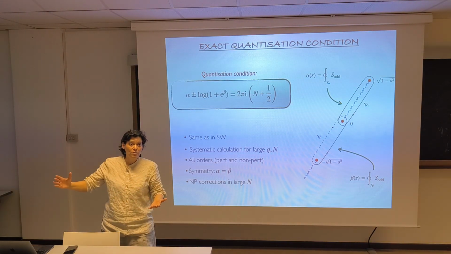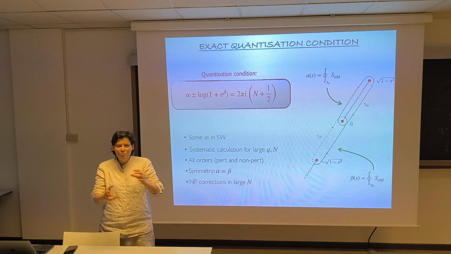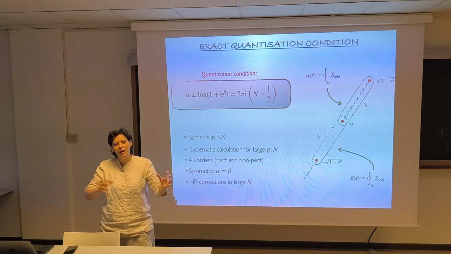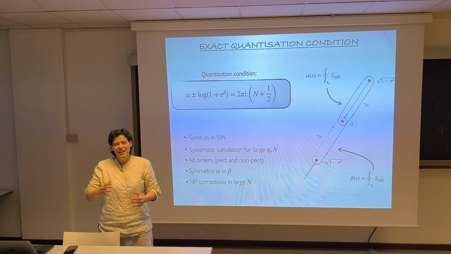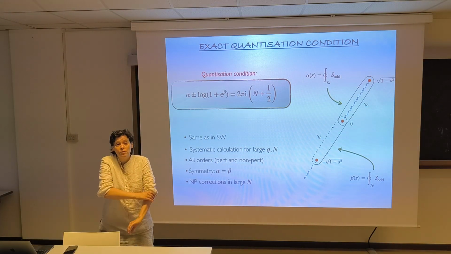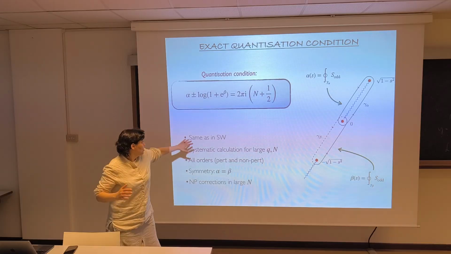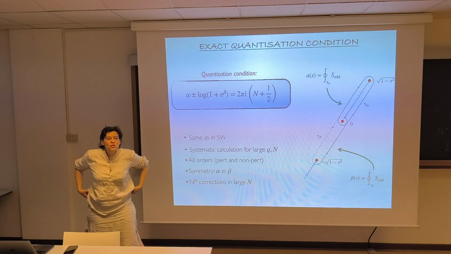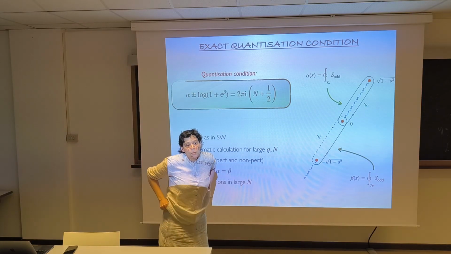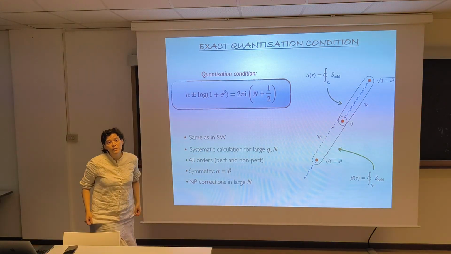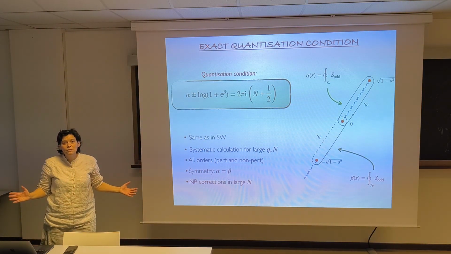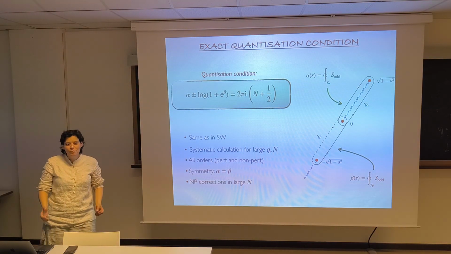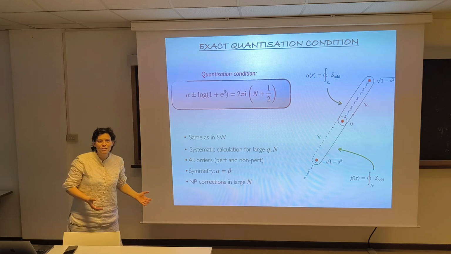There are ways of massaging things such that you don't have to do a full N and Q expansion; you can simplify the process, but basically you're doing a large Q, large N solving of this equation, really by brute force. But the brute force is just a calculation of the periods, and the periods are completely well defined. So you can do this systematically.